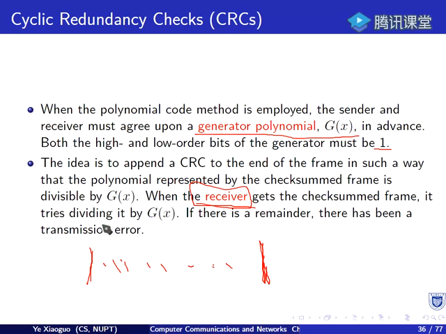It tries dividing it by the generator polynomial G(x). If there is a remainder, there has been a transmission error. If the remainder is 0, then there is no transmission error, or the transmission error cannot be found.